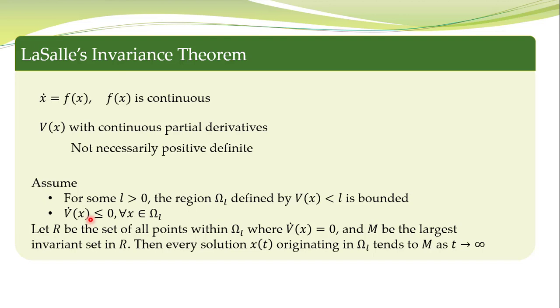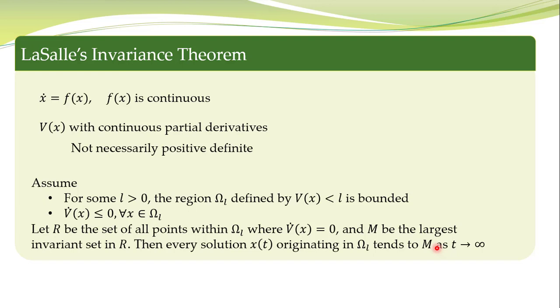So the set of points for which v dot is equal to 0 is denoted by R. And M is the largest invariant set in R. Then every solution x of t originating in omega L tends to M as t tends to infinity.